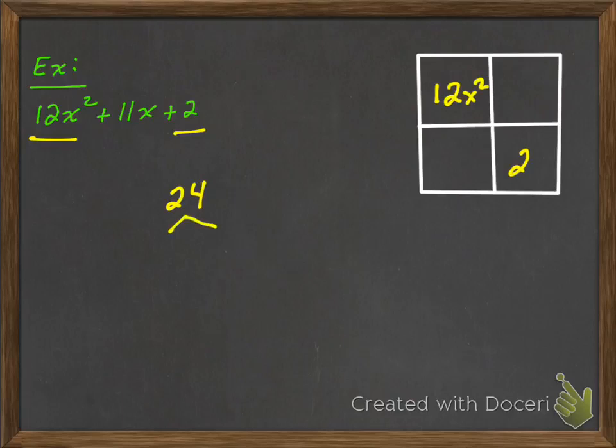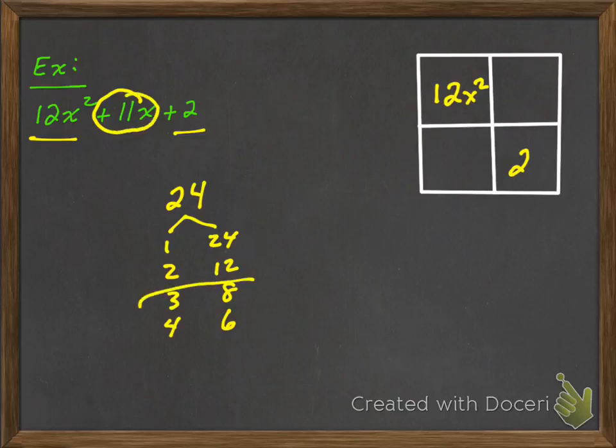All right, so find all the factors. 1 times 24, 2 times 12, 3 times 8, 4 times 6. And that's it. That's all the factors. We need our factors to combine to give us this 11 right here. That combination will be the 3x and 8x.